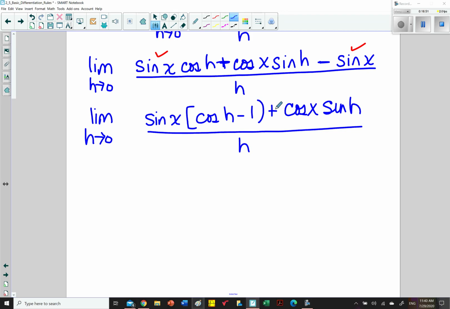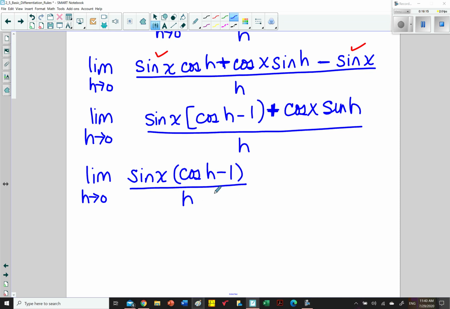So a trick that's great in calculus is we can take this sum and break this up into two different fractions and take the limit of the two different fractions. So that's going to be a very beautiful thing. The limit as h approaches 0 of the sine of x times cosine h minus 1 divided by h plus the limit as h approaches 0 of the cosine of x sine of h divided by h.